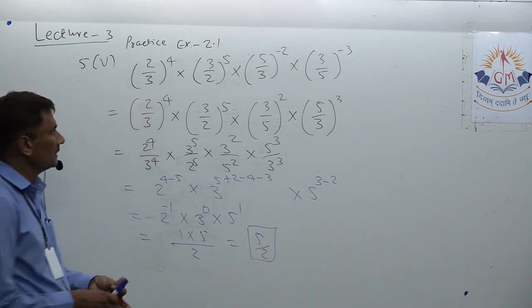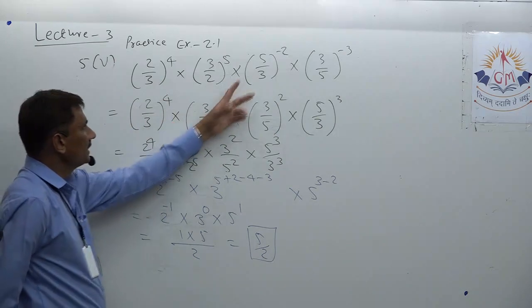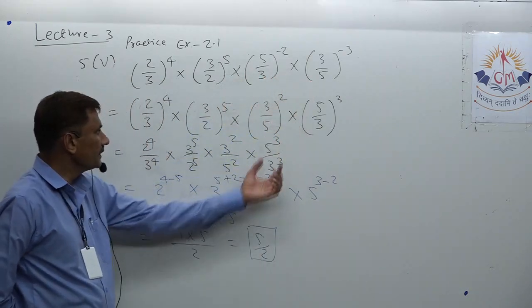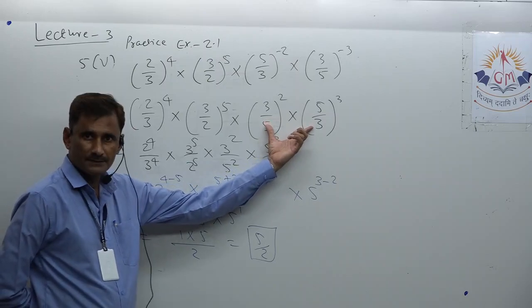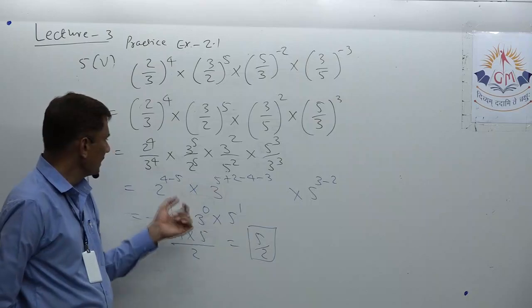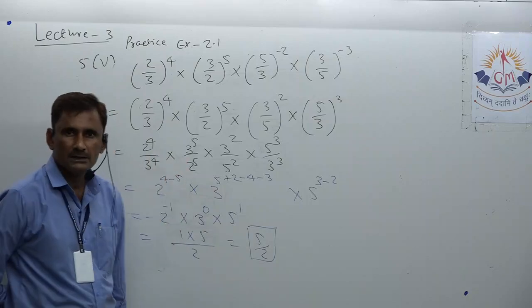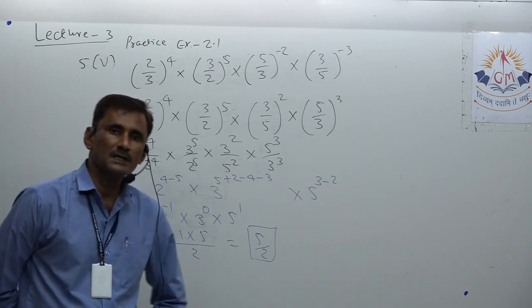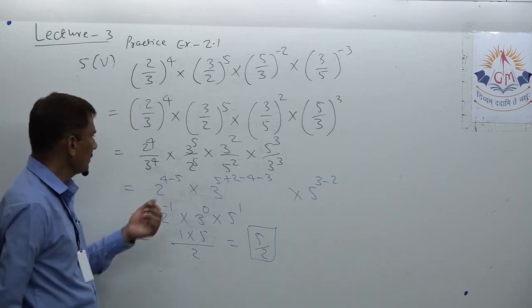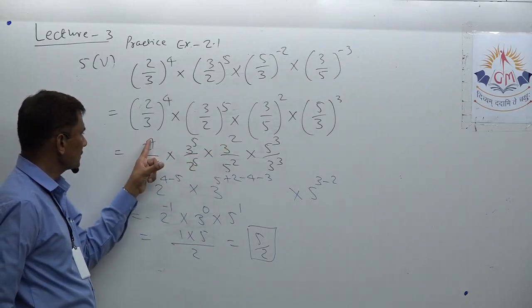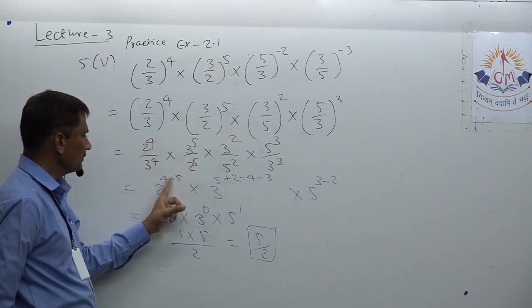Okay, so first I converted both negative exponents into positive by writing the inverse of the base. Then I just open all brackets. Then I combine same bases by using product law as well as quotient law at a time. If in numerator then plus, otherwise minus, so numerator to denominator, so minus.